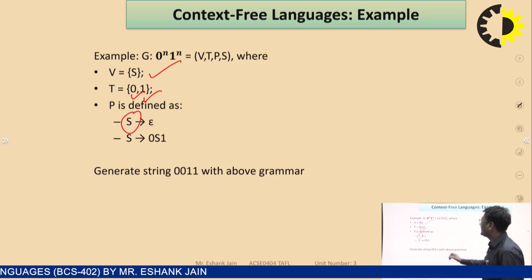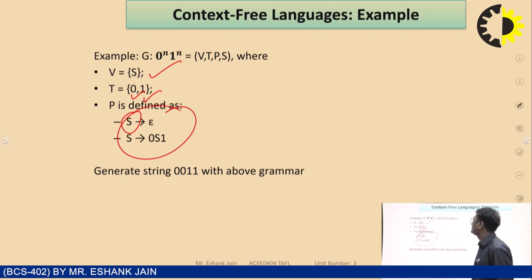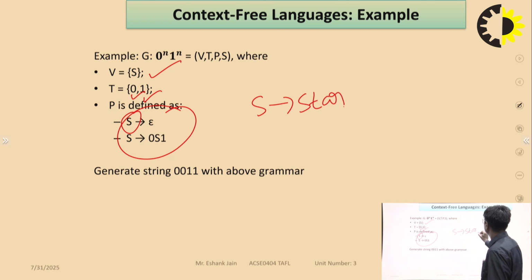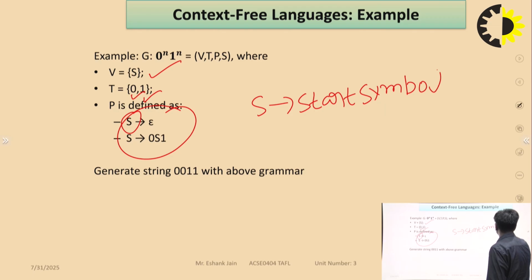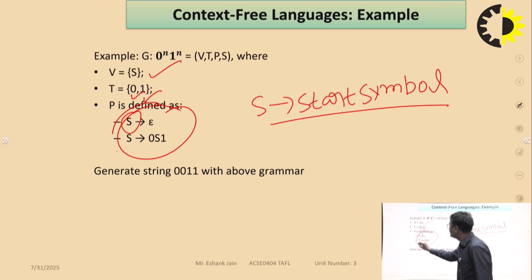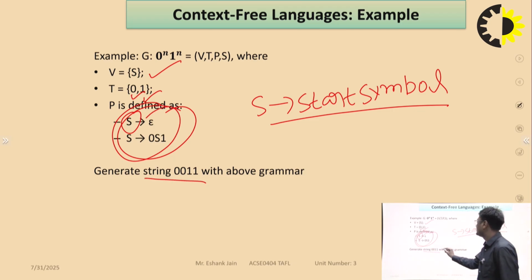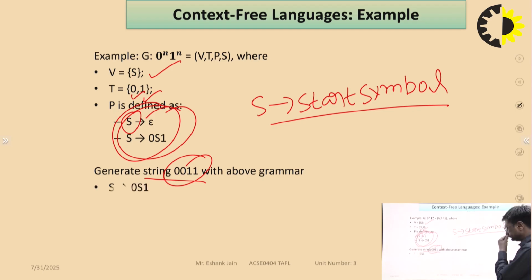P is defined as the productions, and S is the start symbol. With the help of these productions, we can generate this string 0011.